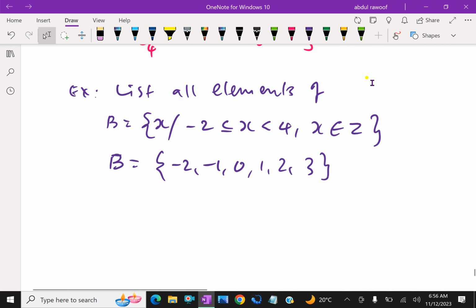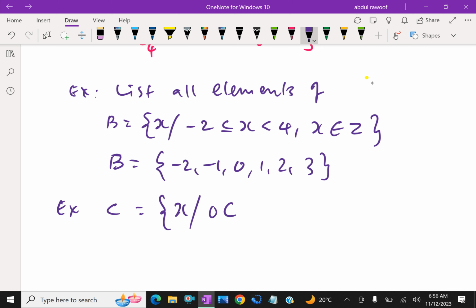Next, set C. For example, set C equals x is such that 0 is less than or equal to x and less than 5, where x is an element of natural numbers.